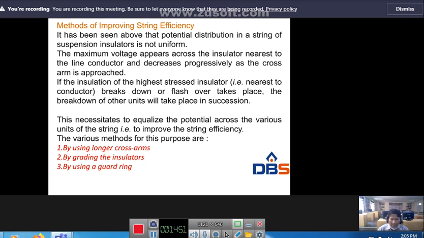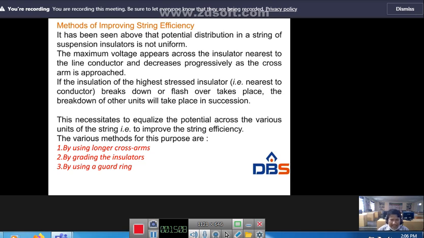That means the potential distribution in a string of suspension insulators is not uniform. The maximum voltage appears across the insulator nearest to the line conductor and decreases progressively as the cross arm approaches.